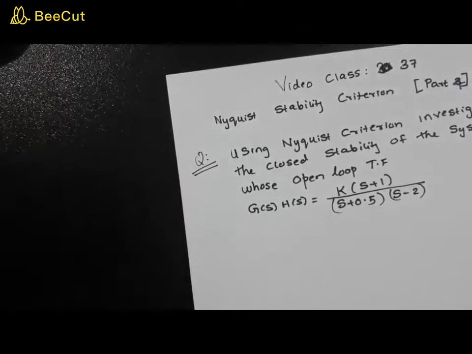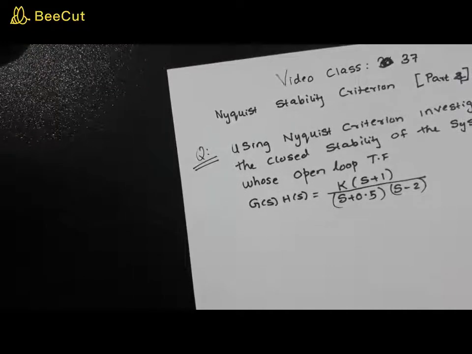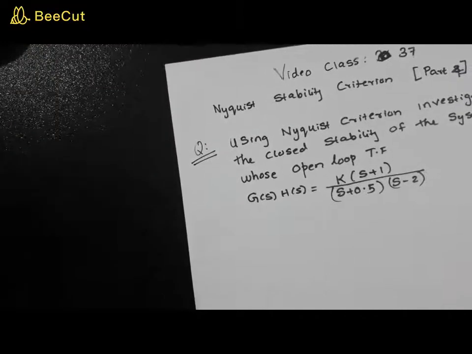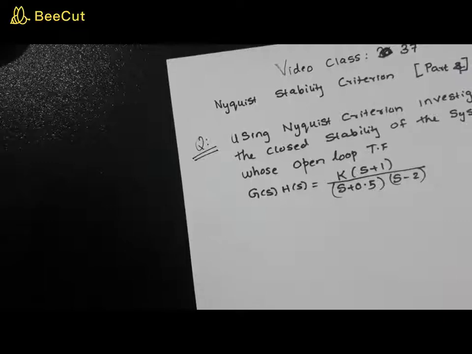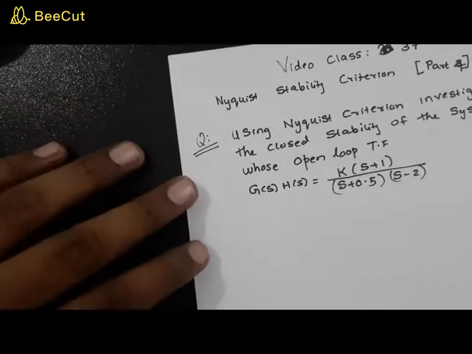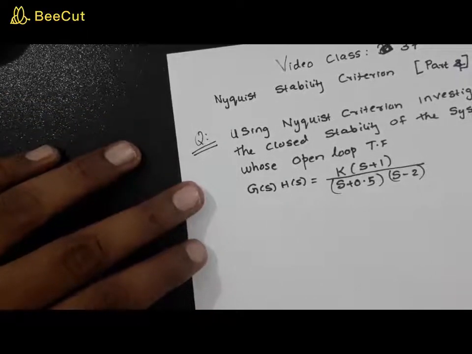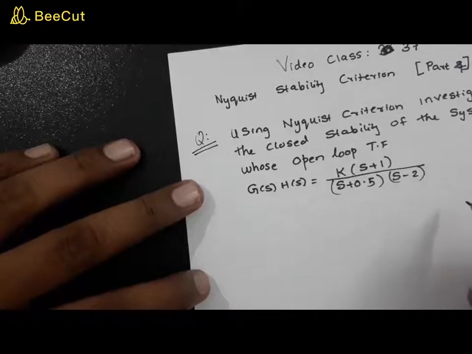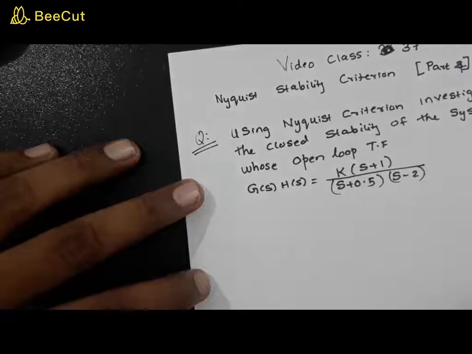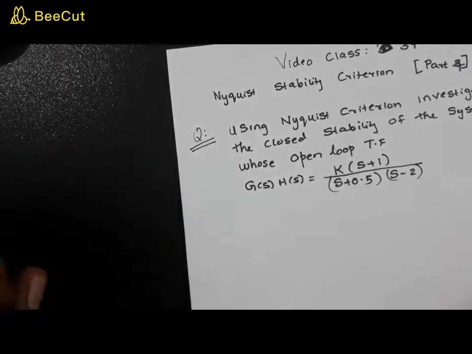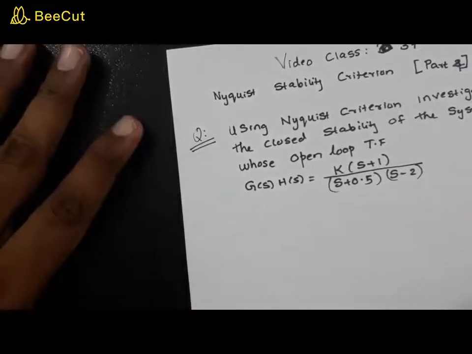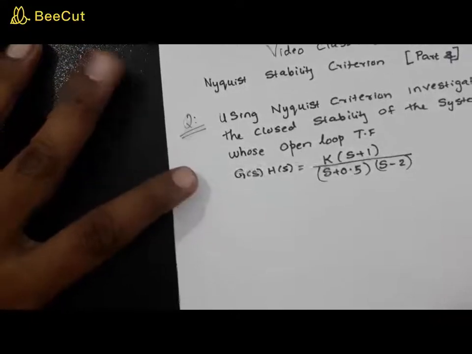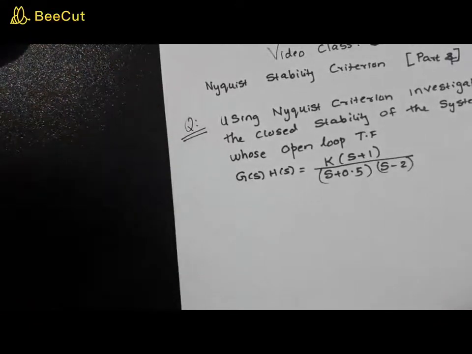Why I followed the other one is to give you a feel of the theory behind it. That is useful only if you draw it on a polar plot, on a polar graph. If you are asked to draw it on a polar graph, then you need to draw like that. And if time permits, I will explain what this polar plot is.